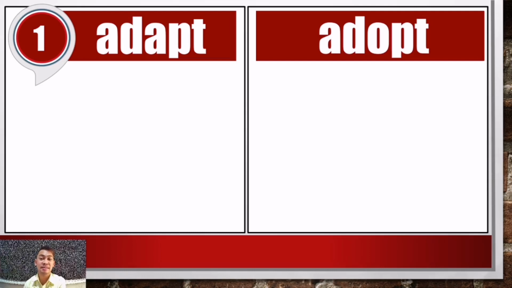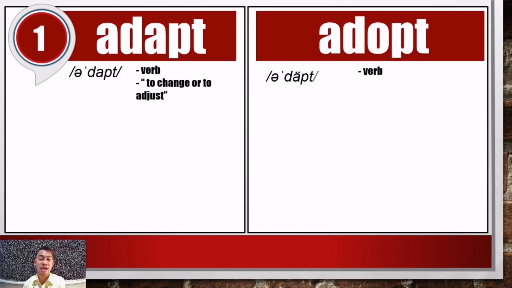Talking about their similarity, both of them fall under the part of speech of verb. They are action words. However, when we talk about the word adapt, it means to change or to adjust. Furthermore, the word adapt is followed by a preposition to. So the formula is adapt plus preposition to.